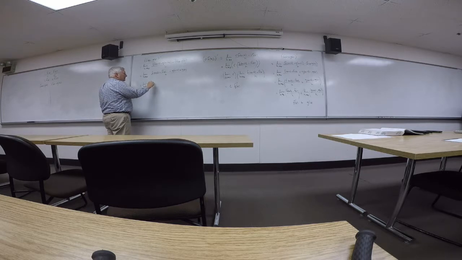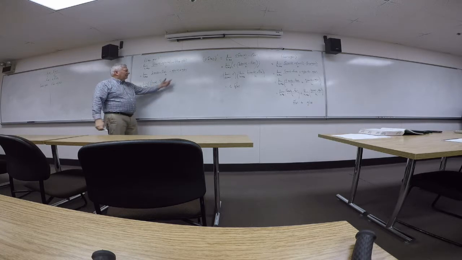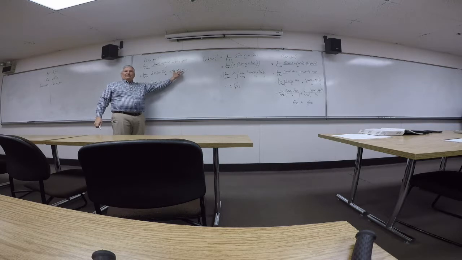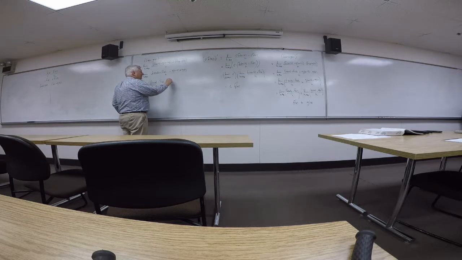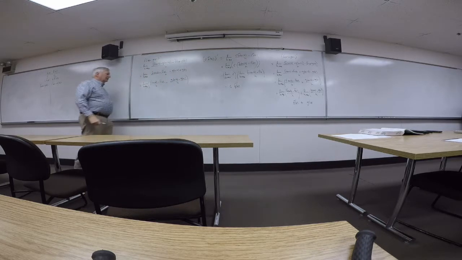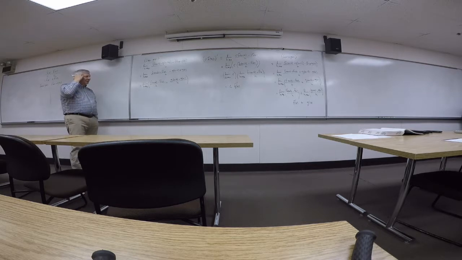As we did over there, let's write it as two fractions: limit as h approaches 0 of f of x plus h minus f of x over h. Factor -1 out of this and it becomes -1 times g of x plus h minus g of x over h. And just as the limit of the sum is the sum of the limits, the limit of the difference is the difference of limits.